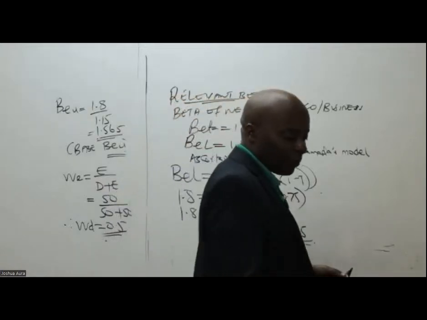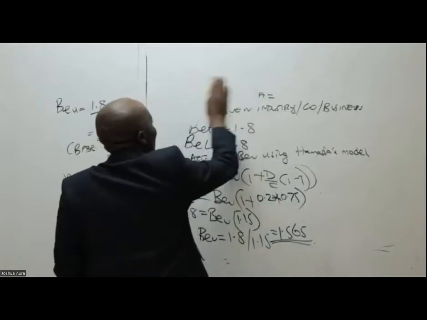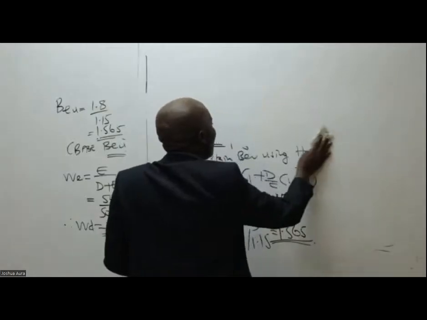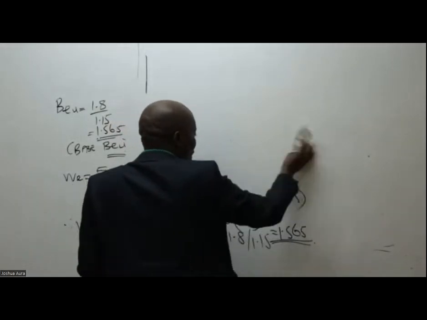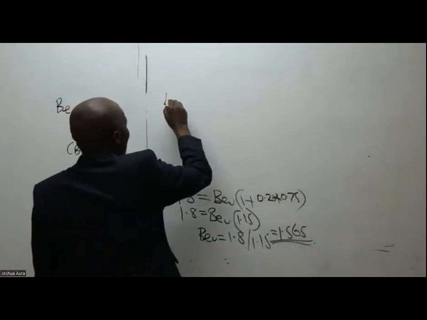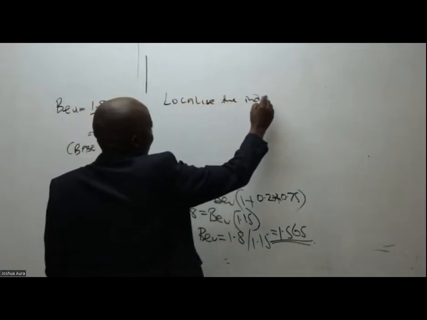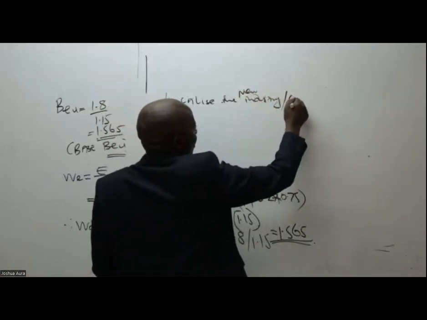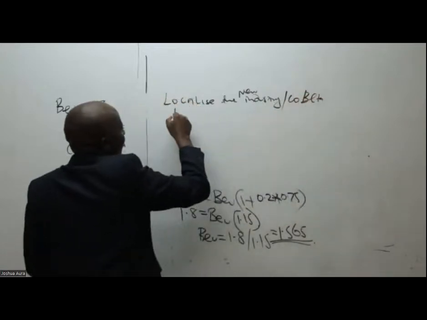Now from there, ladies and gentlemen, I know the next thing. Using this base beta, I should be able to localize. So you localize the industry, new company or new business beta to the firm.